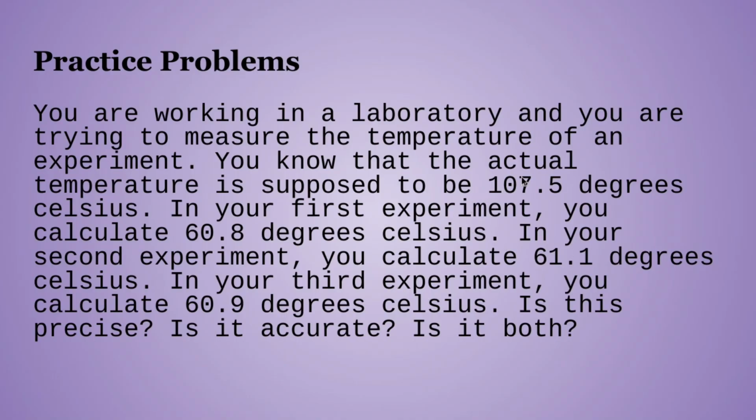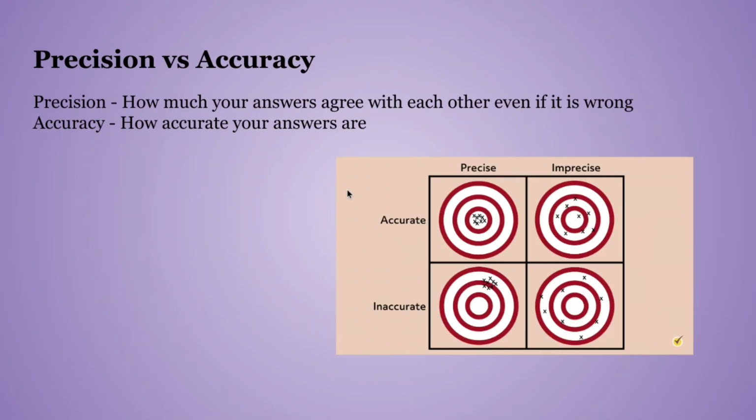However, if you're supposed to be getting 107.5 degrees, then that's not very accurate because none of your answers are close to the correct answer. So I would classify this as high precision and low accuracy, here, on this chart right here: high precision, low accuracy.